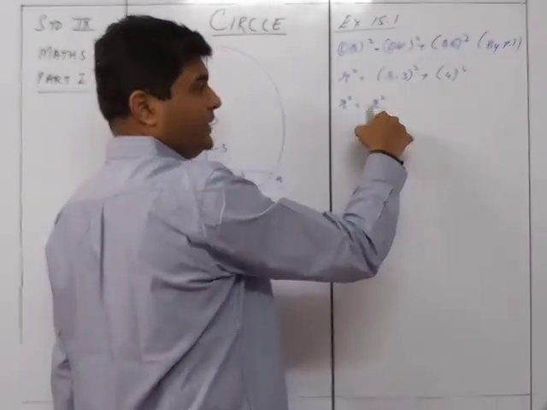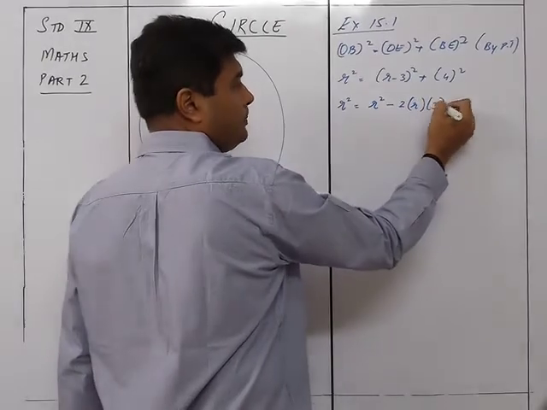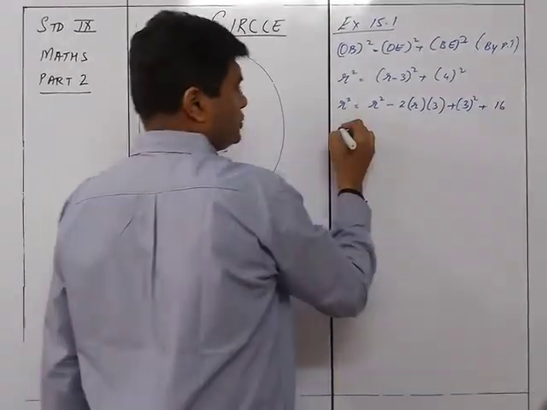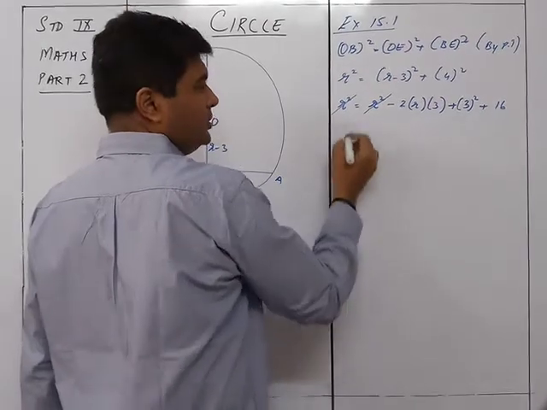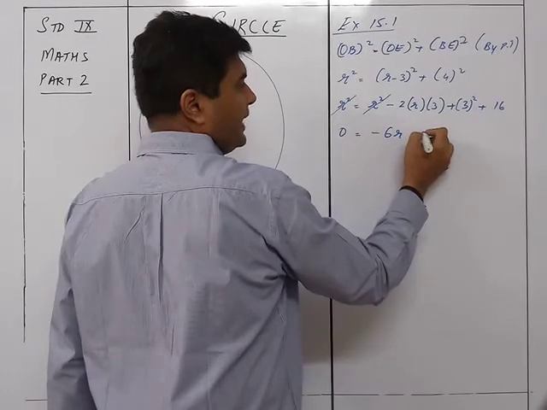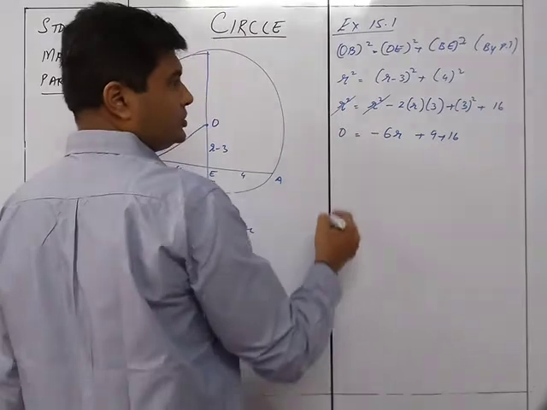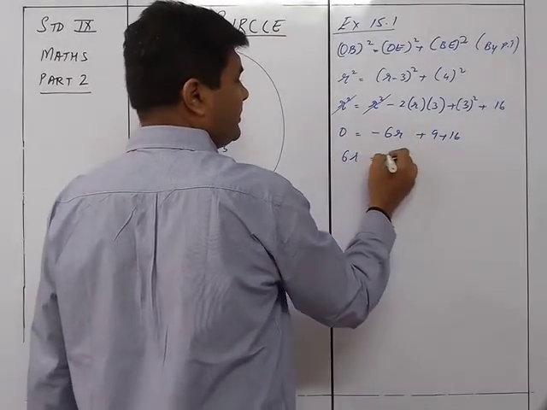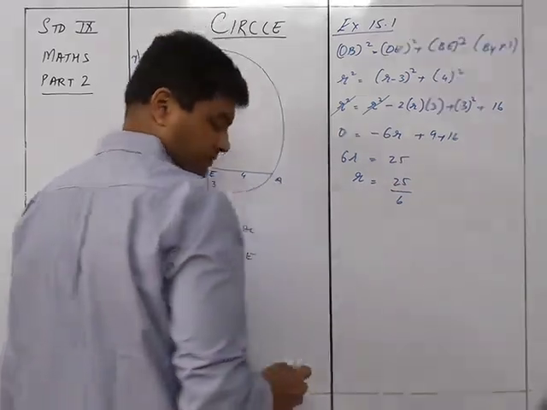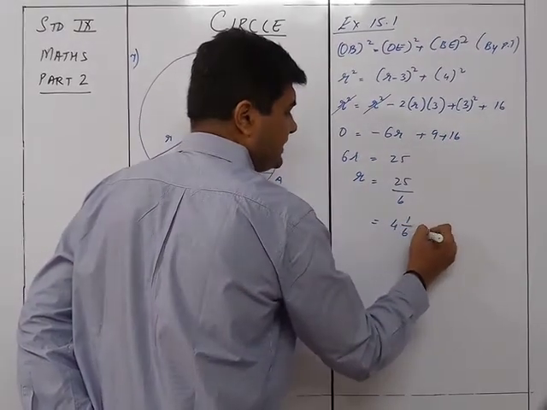So R square minus 2 into R into 3 plus 3 square, plus 4 square is 16. So this R square and R square get cancelled. So 0 is equal to minus 6R plus 9 plus 16. So this gives you 6R is equal to 25. So R will be equal to 25 upon 6. So that is going to give me 4 and 1 upon 6 centimeters.